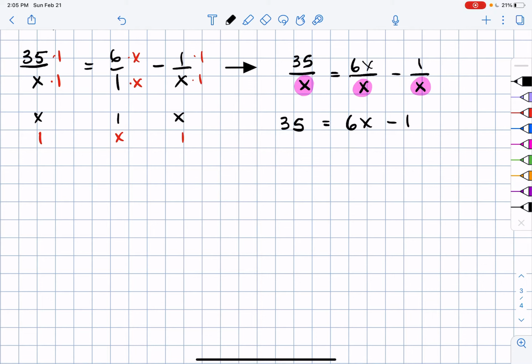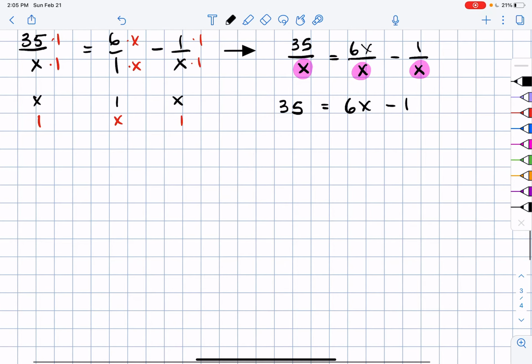Okay, we're good. So now I gotta solve for x. So what do I have to do? I have to add the 1 to the other side. So I'm going to have 36 is equal to 6x.